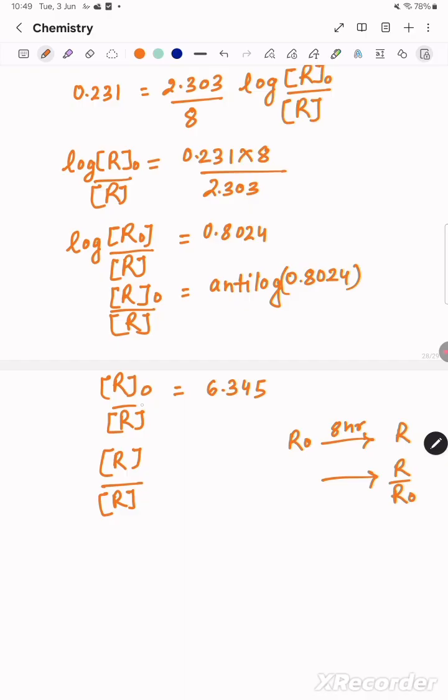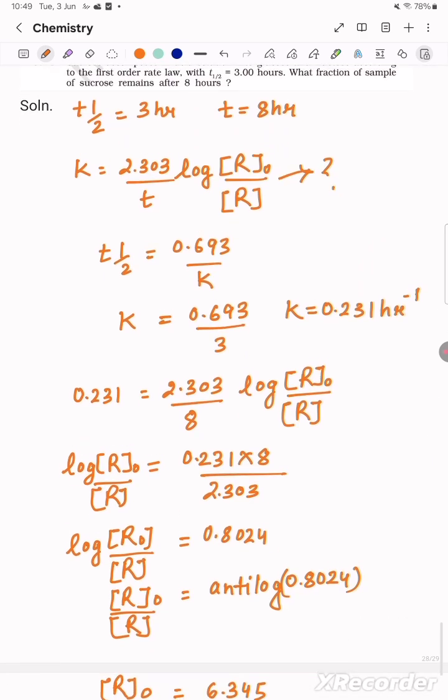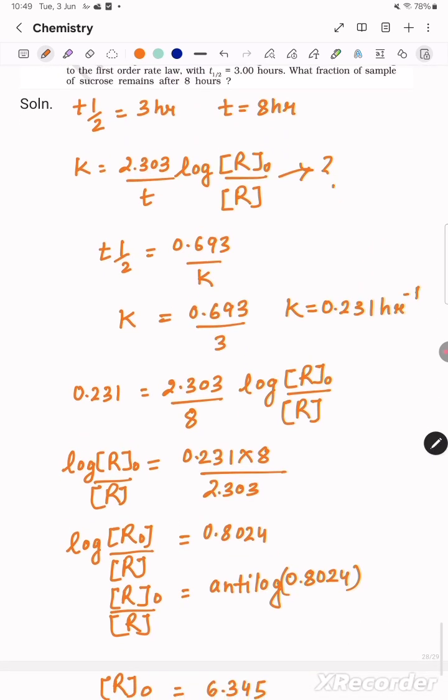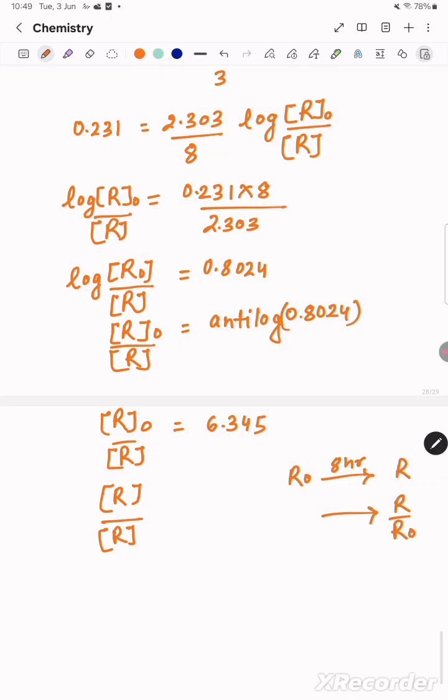Similarly here, the initial reactant is given and the final reactant at the particular time is this, and we have to calculate the fraction of sample of sucrose after 8 hours. So it will become the reverse, that is R by R naught. As we have discussed, this will become the inverse, 1 upon 6.345.